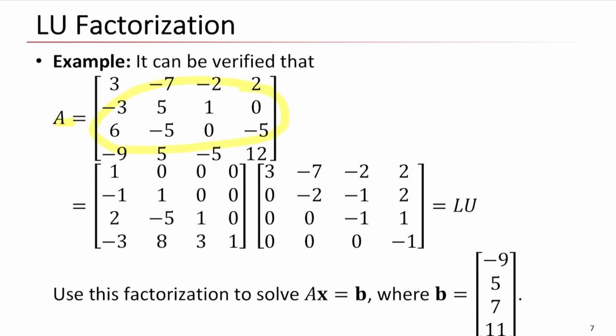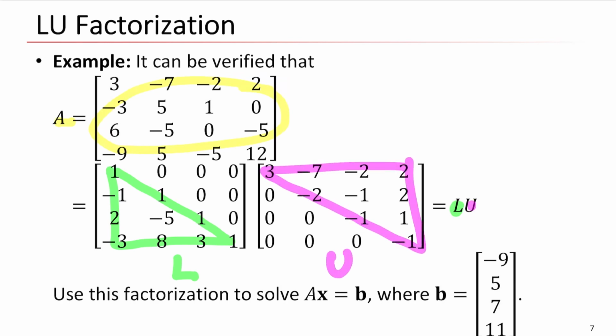And we already decomposed this matrix A as a matrix L and matrix U. In the following, we will talk about how to decompose this matrix A into L and U. But here, just think that we already have the matrices L and U. Then using this factorization, A is going to be L times U. Then, to solve Ax equals b, when b is equal to like that.